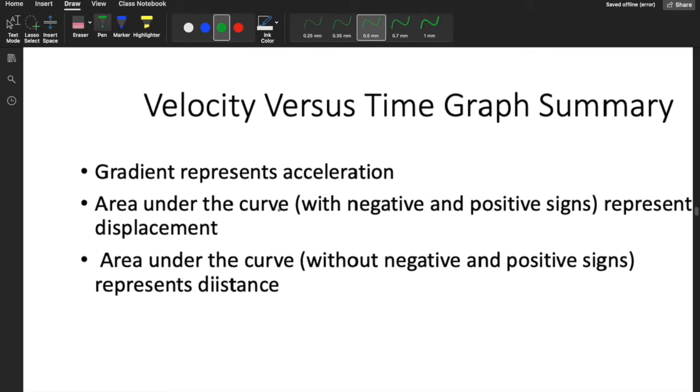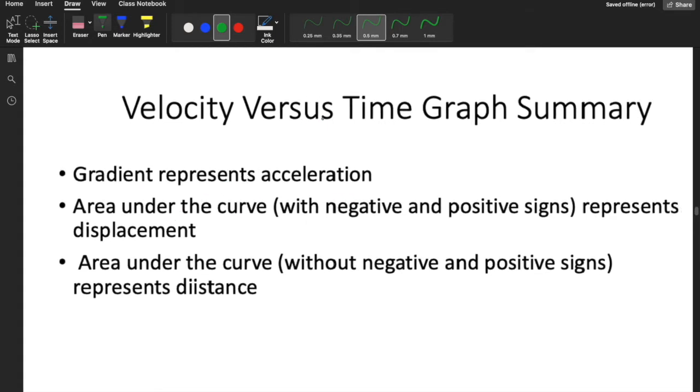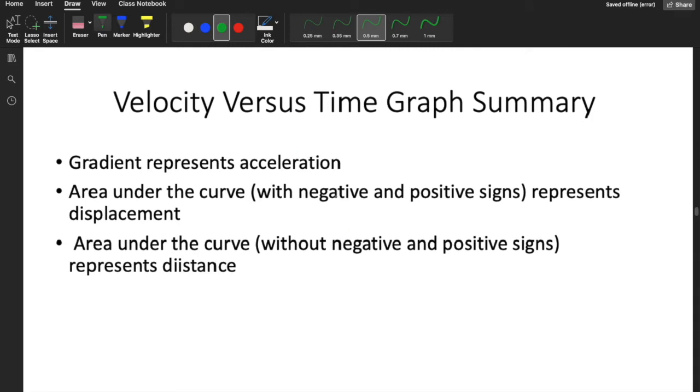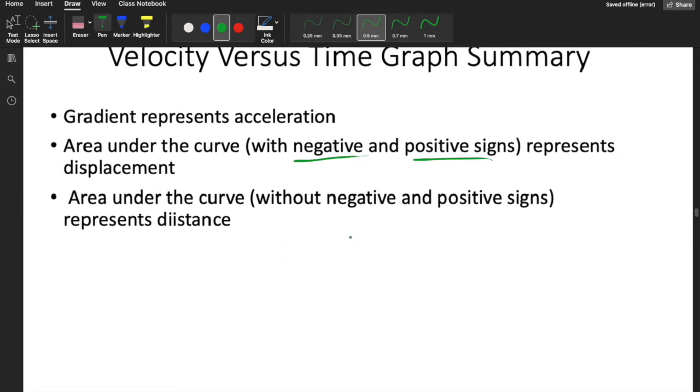So let's do a very quick recap. For a velocity versus time graph, the gradient represents acceleration, and the area under the curve represents displacement if we care about the negative and positive sign, and represents distance if we do not care about the sign.